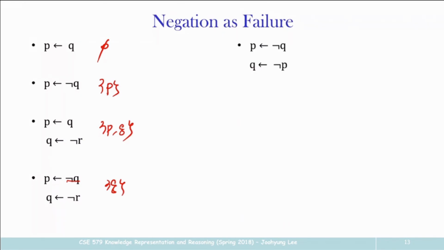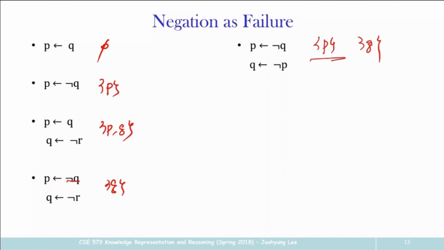What about this guy? Two stable models, which is P and Q. Now this is a bit tricky. The others are having only one answer set here, or only one stable model. But this one actually has two stable models. Why? Well, assume that P is true and Q is false.